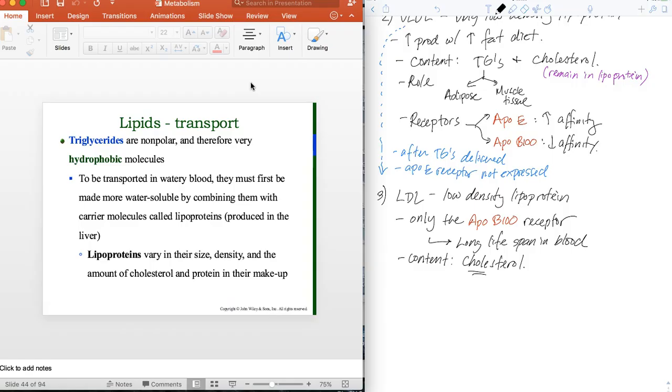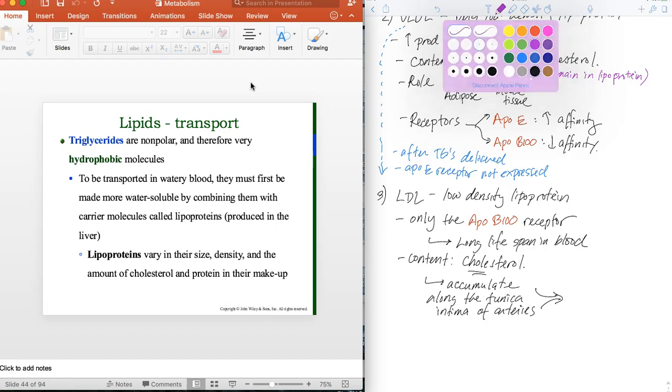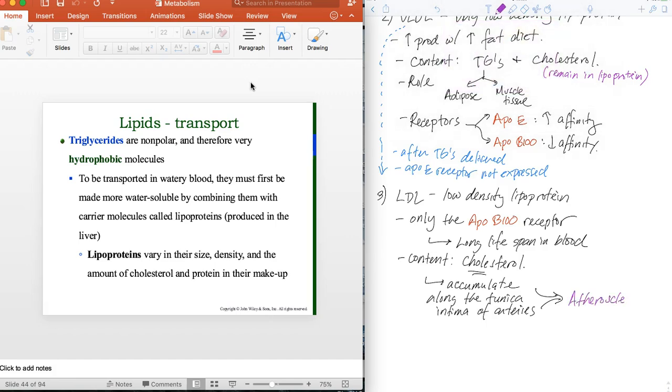That cholesterol can get delivered or accumulate, let's say, along the tunica intima of arteries. When that's happening, that is referred to as atherosclerosis.